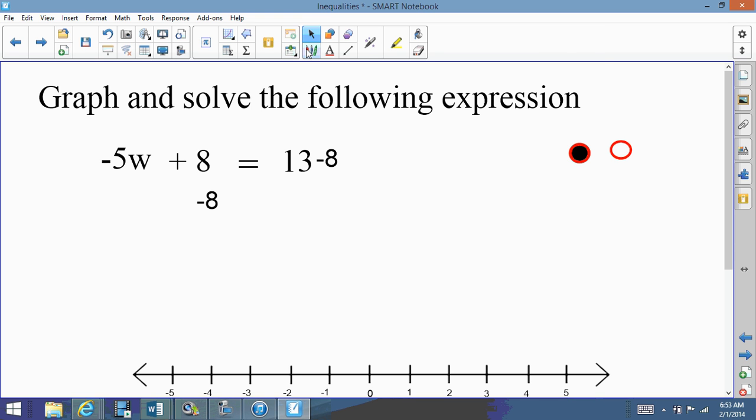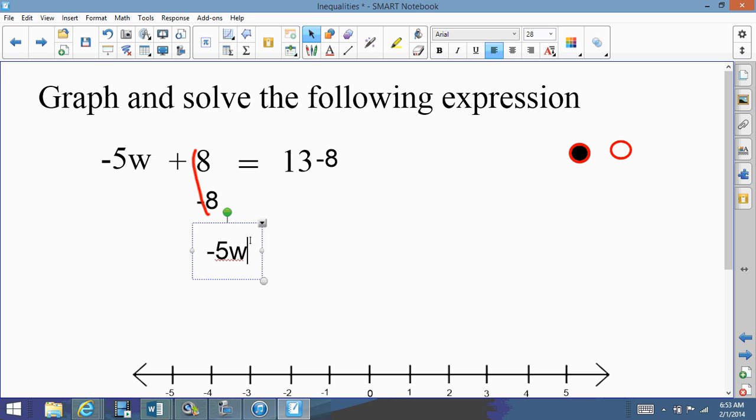Our 8's are going to cancel out on the left side, leaving us with the negative 5w, equaling 13 minus 8, which is 5.